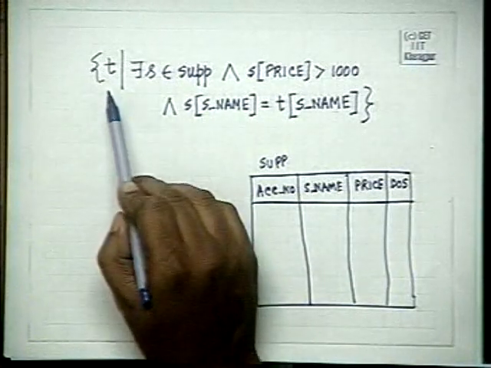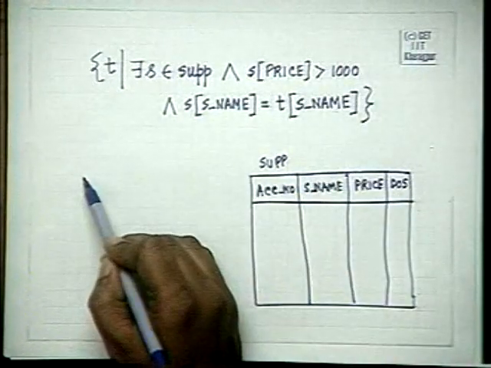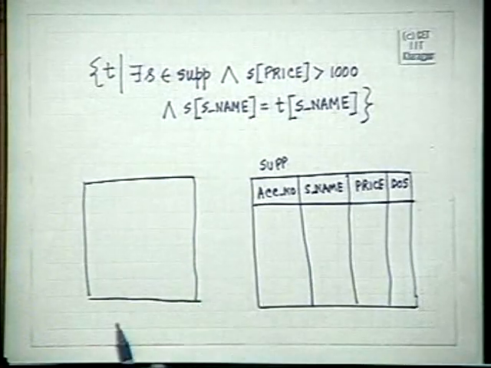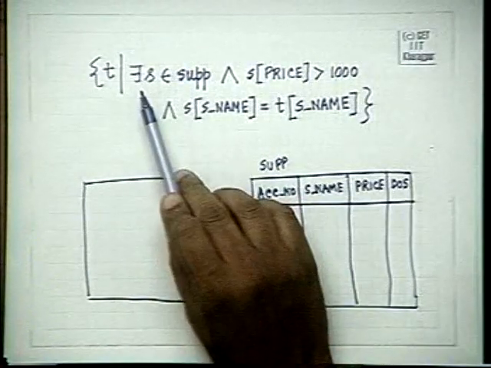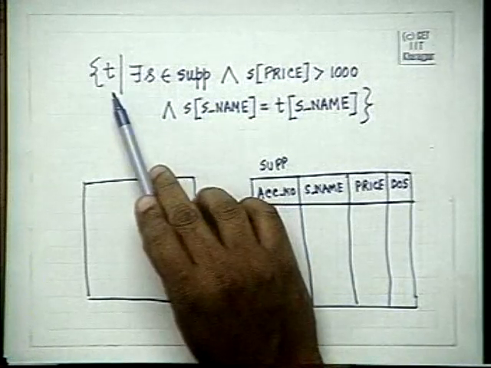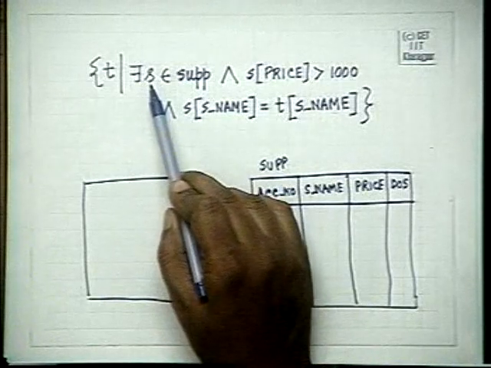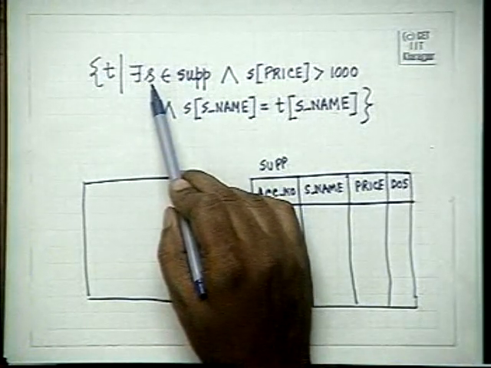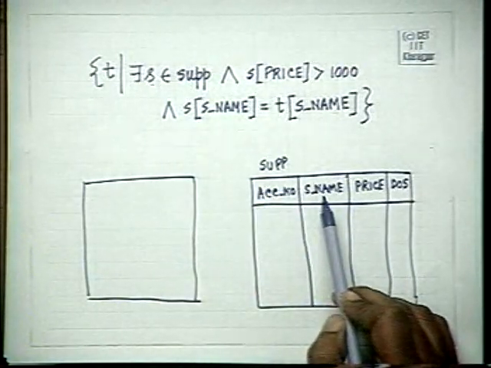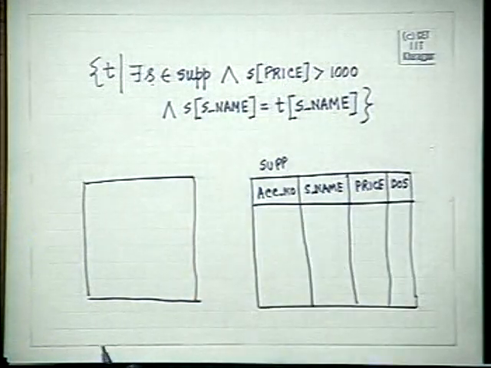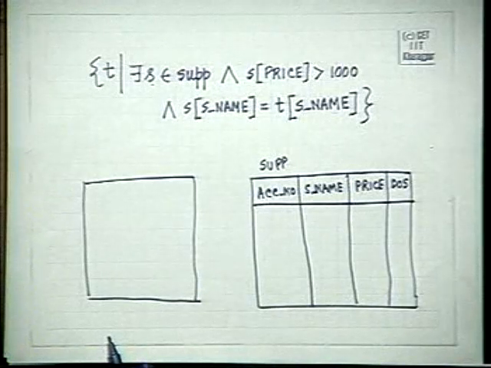And we have said that this new relation must be such that for every tuple here, there must exist an S element of SUPP such that the price is greater than 1000 and supply name is equal to T's S name.